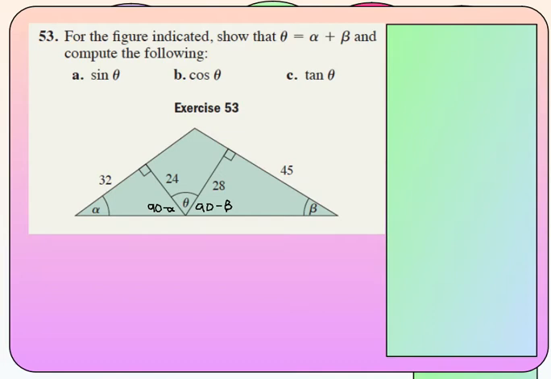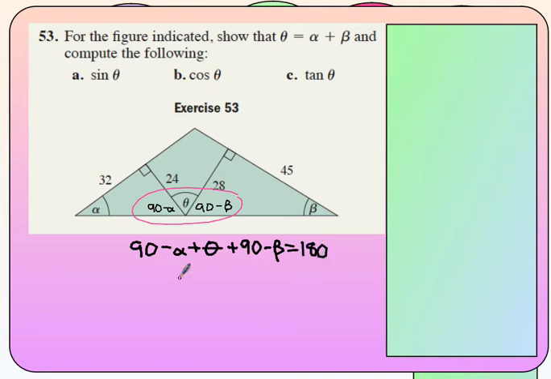Now I can see that this right there is going to be a straight line, and so I can actually use the equation 90 minus alpha plus theta plus 90 minus beta is going to equal 180 degrees because it's a straight line.